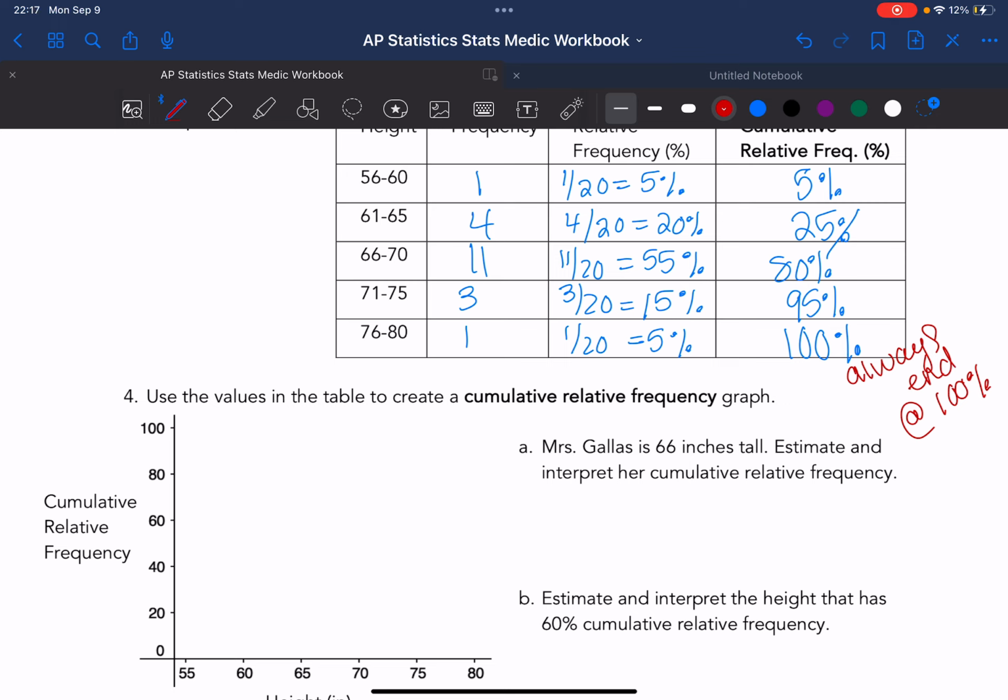So we have first 56 to 60. So 56 to 60 is 1, so it's going to be very short right here. Then we had 61 to 65, which is 4, so it's going to be a little bit taller. And then 66 to 70 was 11.